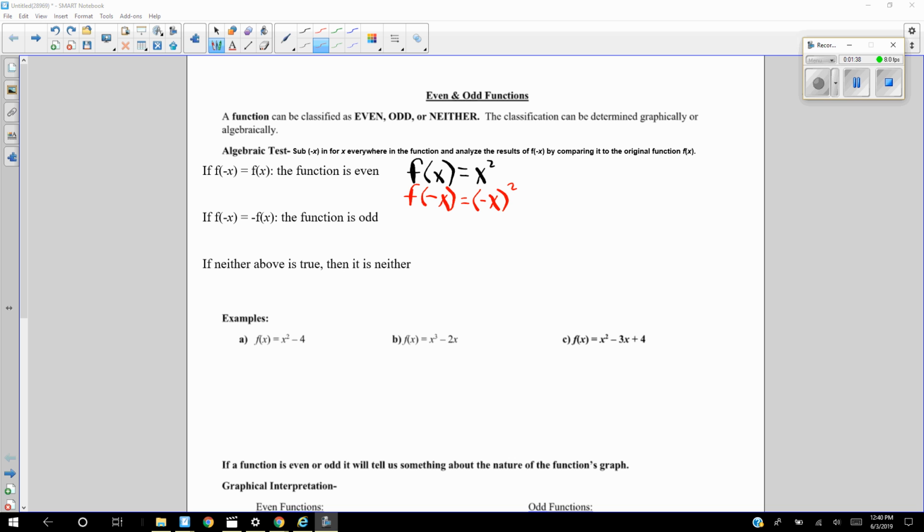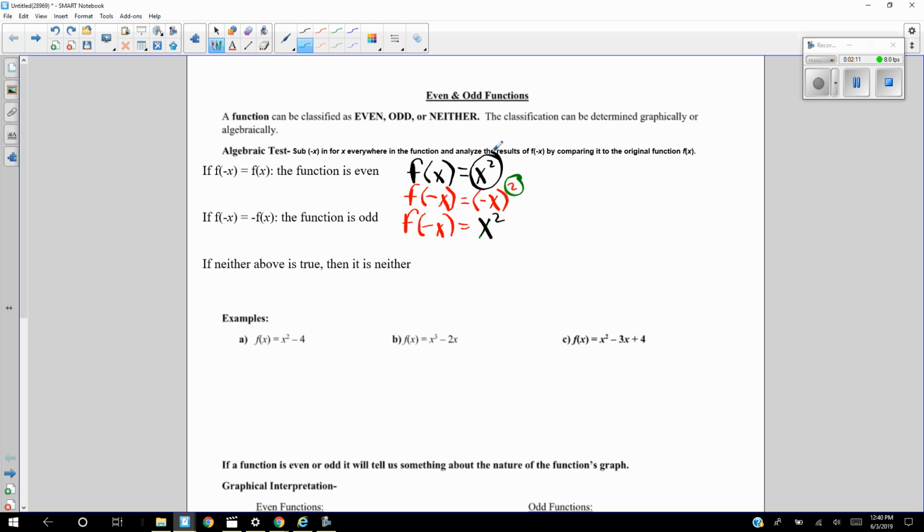There's no real math to do on the left-hand side, so I'm just going to bring down f of negative x. But on this other side, what happens when you square a negative value? A negative value times itself is always going to give you a positive value. So negative x squared ends up being positive x squared.